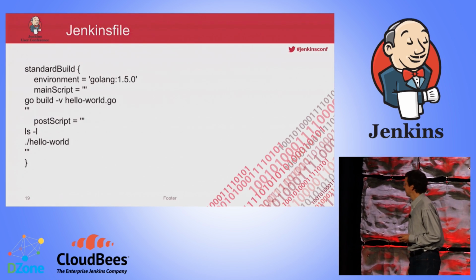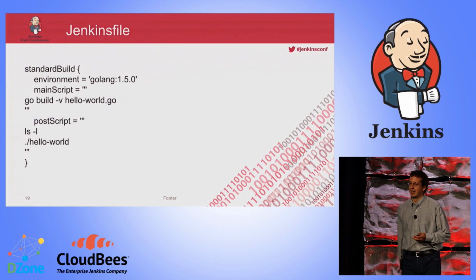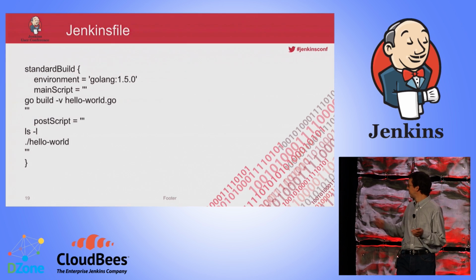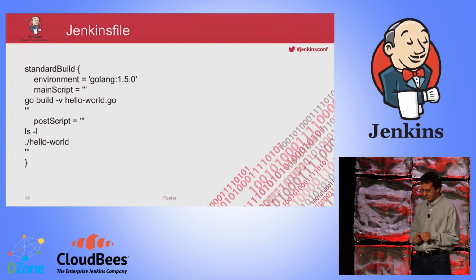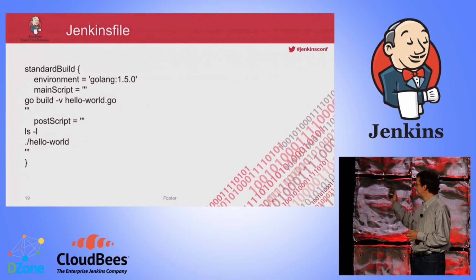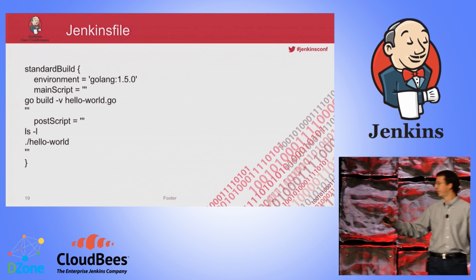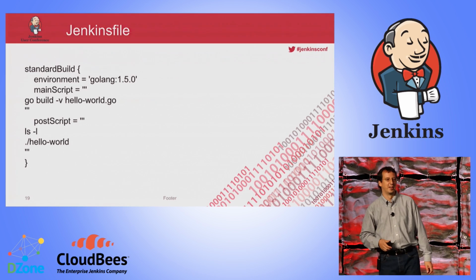So here, someone is playing around with the Go language. It's a popular new language from Google, and they want to see what it takes to create a little Hello World Go project. So if you go into Google search and you say Hello World Go program, you actually get this hello world.go here.